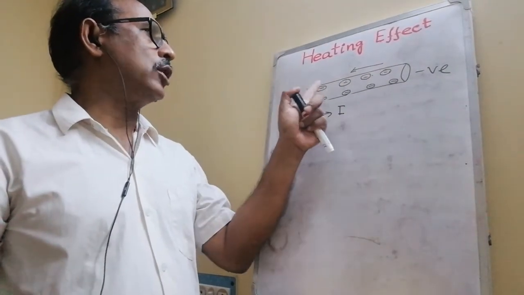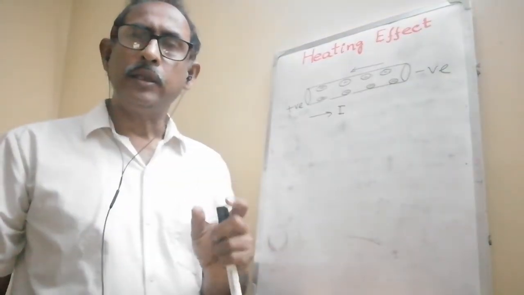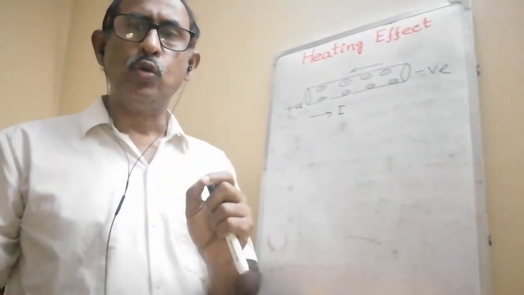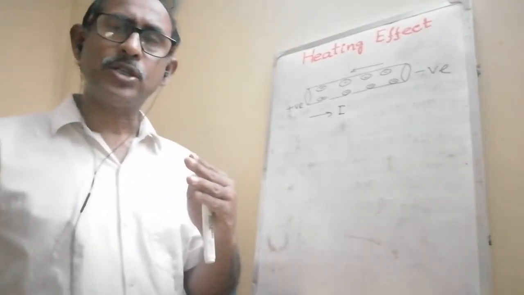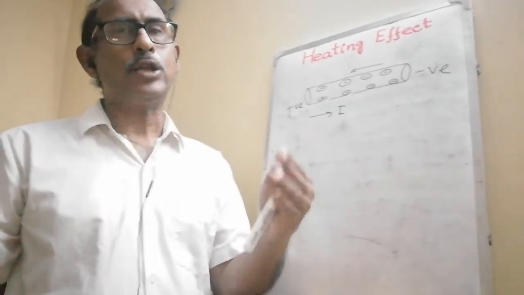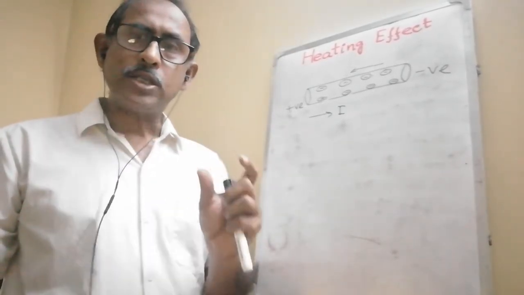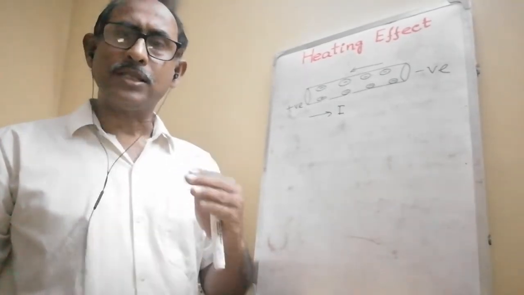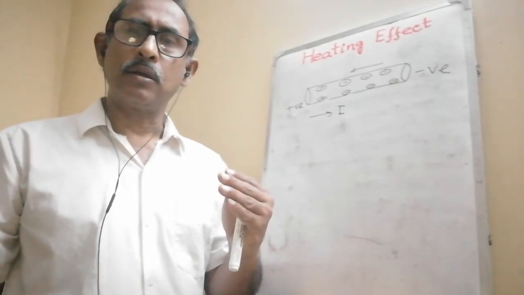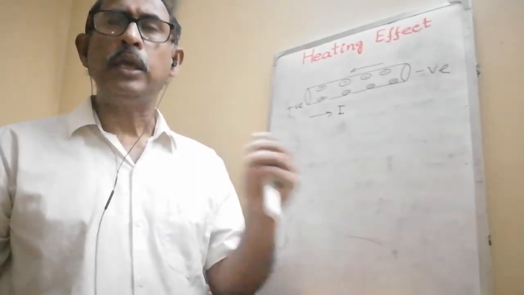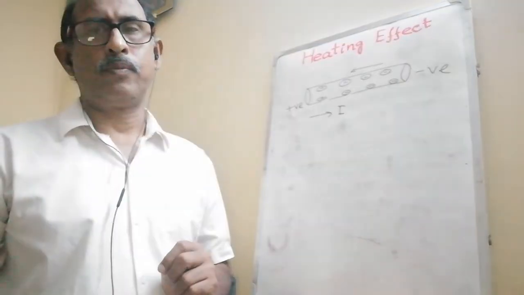When these free electrons move through the conductor, they have to do a certain amount of work against the resistance of that conductor. This work done against the resistance develops heat in the conductor.